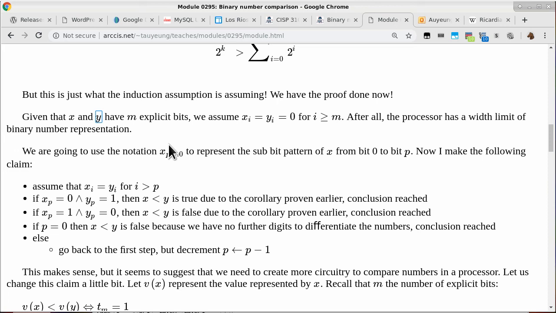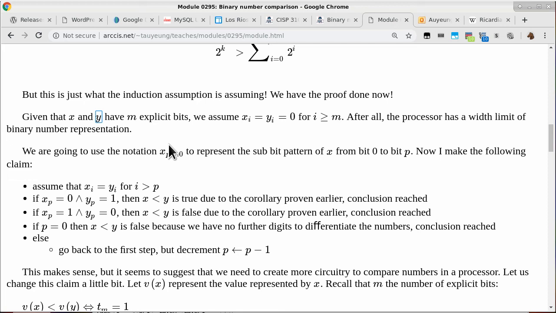All right, so now we look at x and y, and we say they have m bits. So we're looking at two numbers, x and y, and both are binary numbers, and both have m explicit digits. And we'll assume that xi equals yi equals 0 for all the i's greater than or equal to m, because they are out of the representation of the numbers.